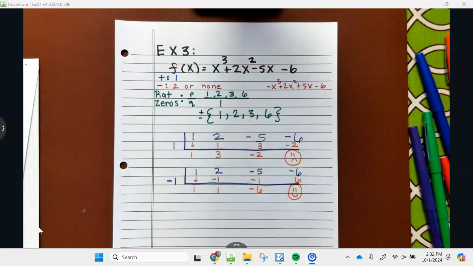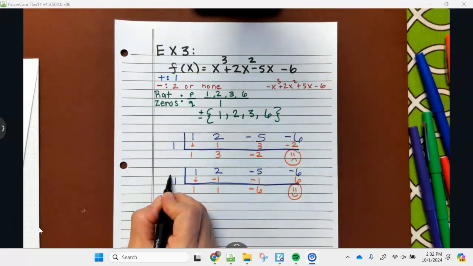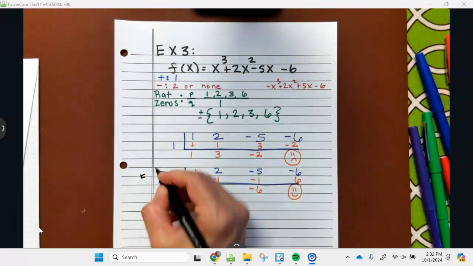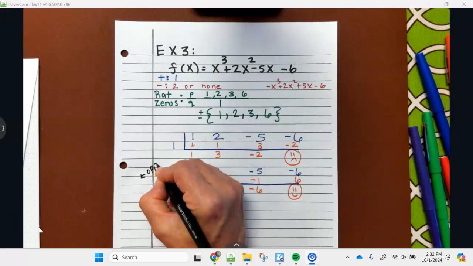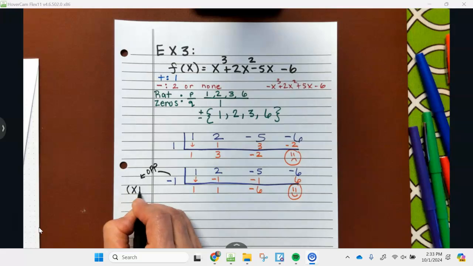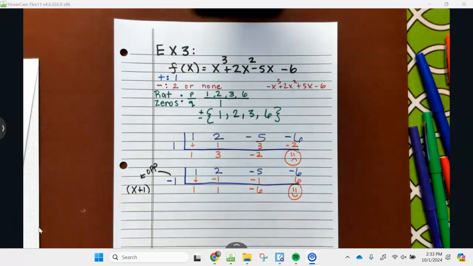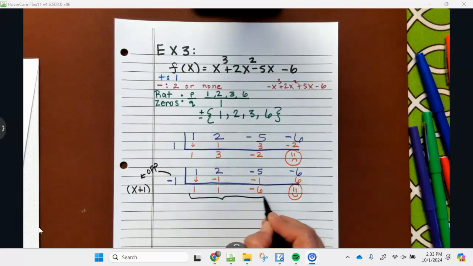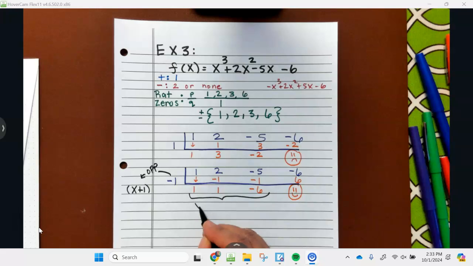All right. So please remember, y'all, this is always the opposite. So that's a negative 1. So I know x plus 1 is a factor. Don't forget that part. Let's go ahead and write this in polynomial form.